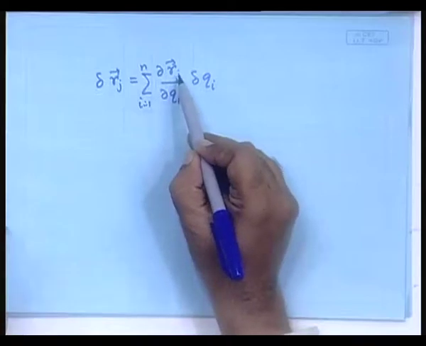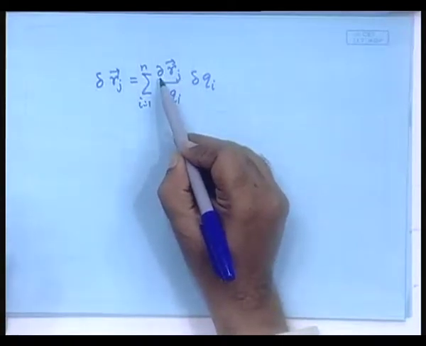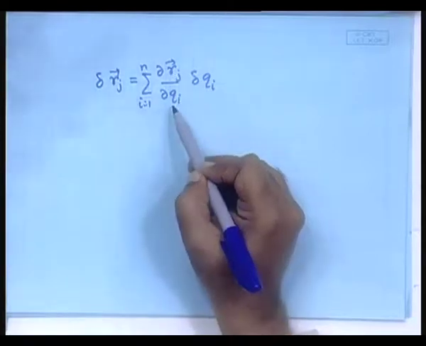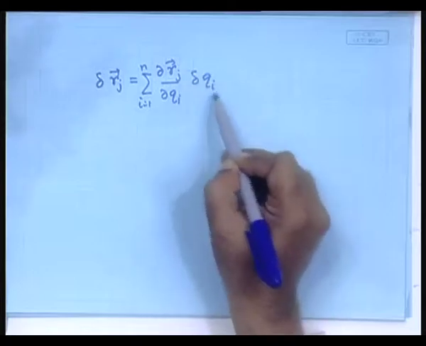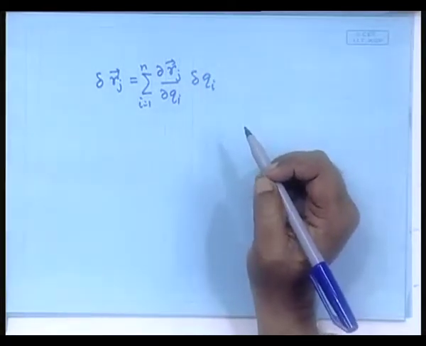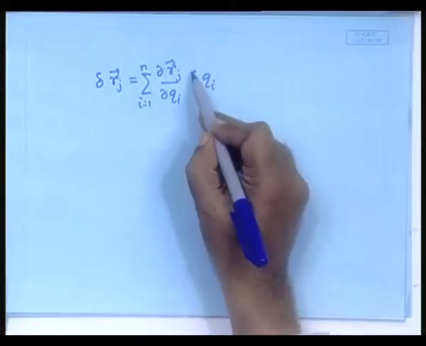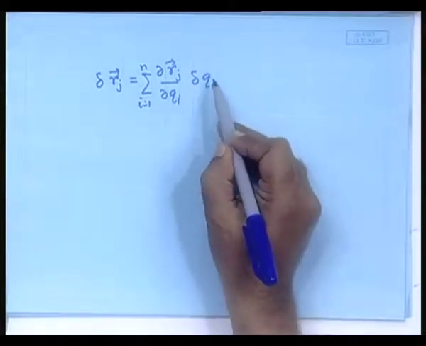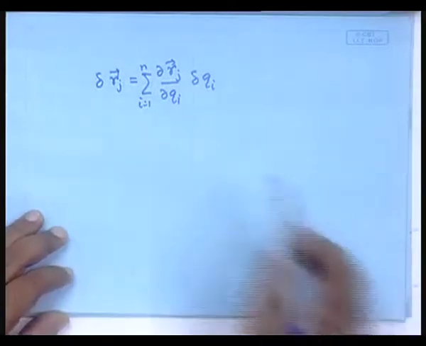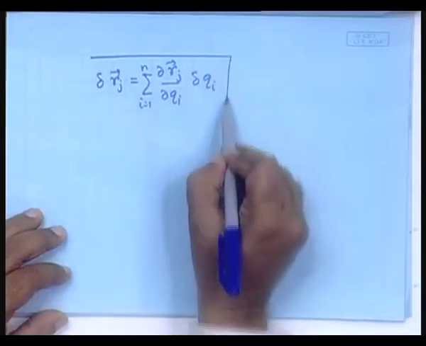For each body j, the derivative of that r j in terms of the ith coordinate times the admissible motion along the ith coordinate. Okay. So, this has to be summed up. So, this is another thing that we keep for future reference.